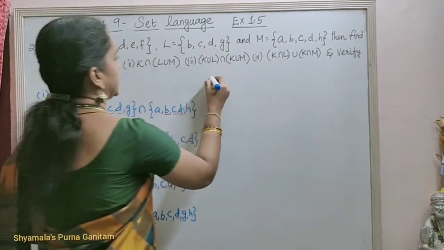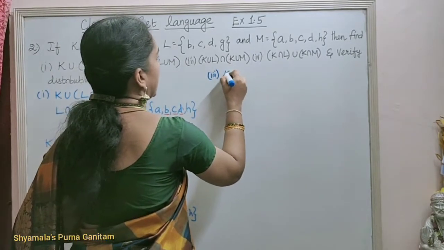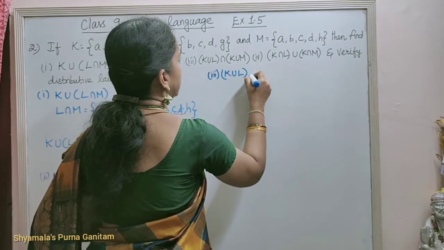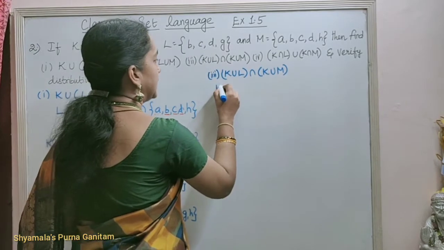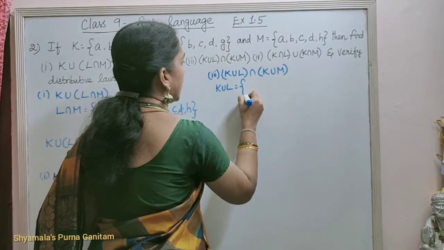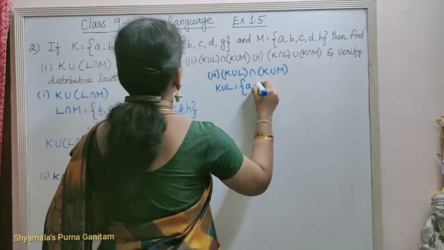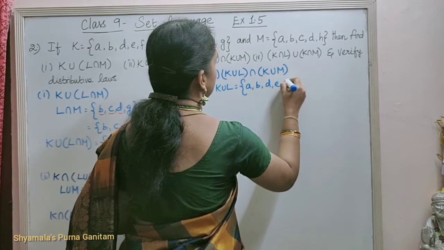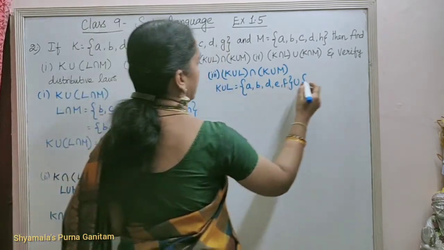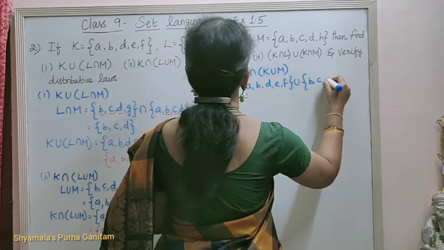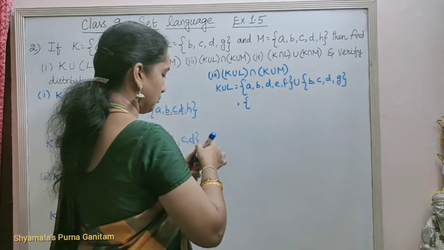Now the third sum. The third sum is K union L intersection K union M. First we will find K union L. The elements of K are A, B, D, E, F. Union, the elements of L are B, C, D and G. Union means combining both the sets.